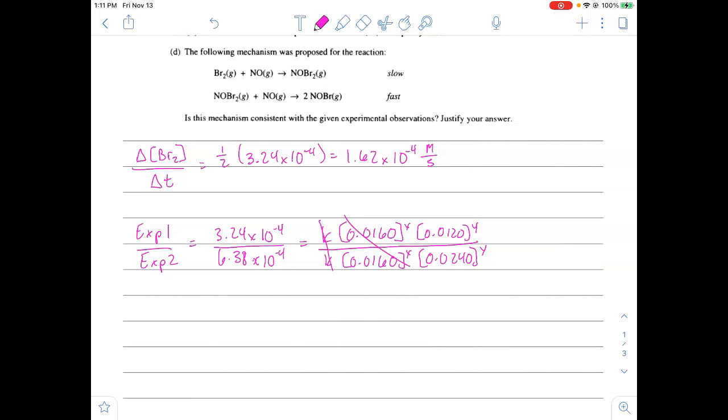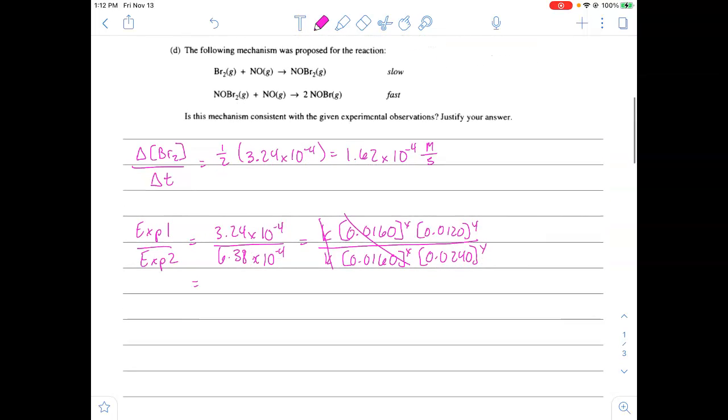Then we divide the rates of our reactions, which looks like it should be approximately 1/2. I'm going to check that just to be sure. Yep, it's 1/2.